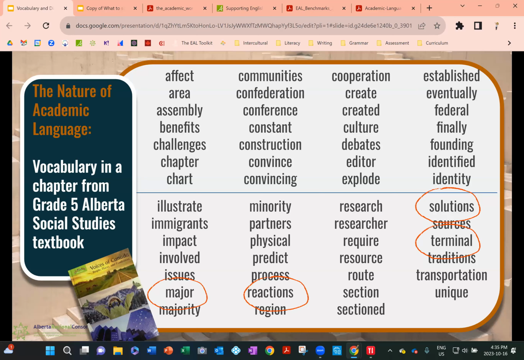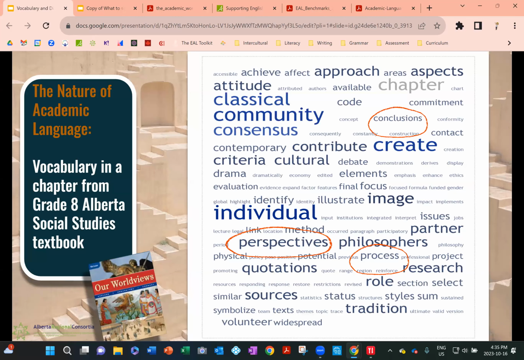And reactions. So just think about some of the vocabulary that you're dealing with in your discipline and try to make your students aware of it, so that they have some better understanding of what it's about. And as we're moving through the grades, I'm just sticking with social studies, but you can see that the language becomes a lot more complex.